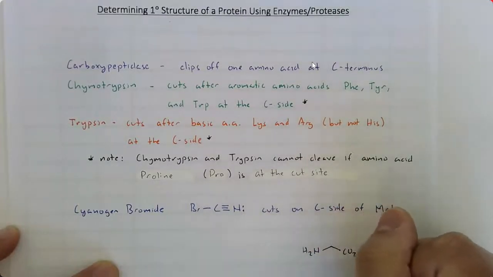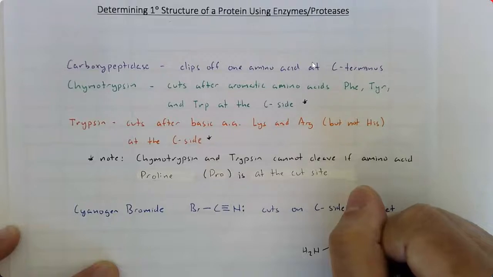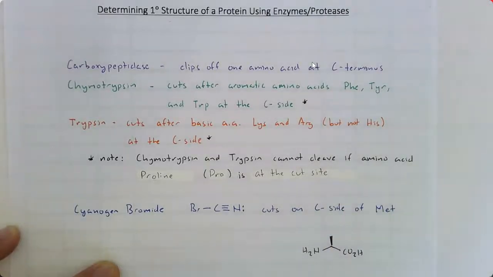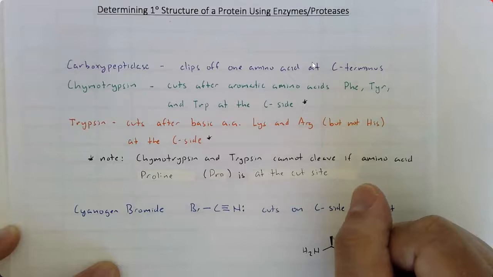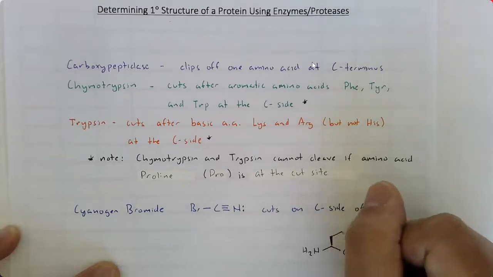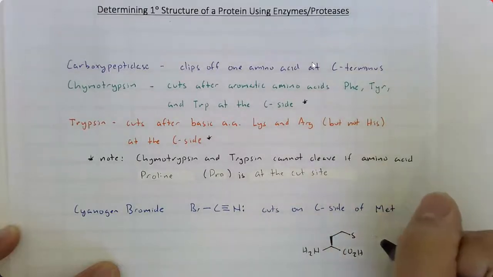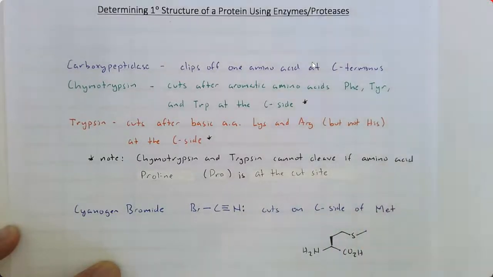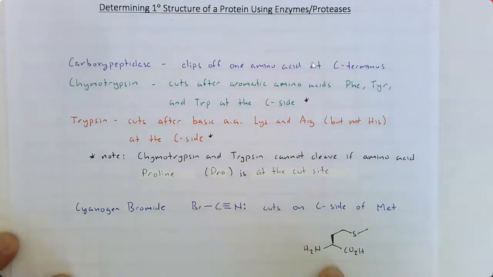The sulfur is within the chain. Looks like this: 2 methylene groups, then the S, and then capped with a methyl. Very interesting that this small molecule is selective for this amino acid.